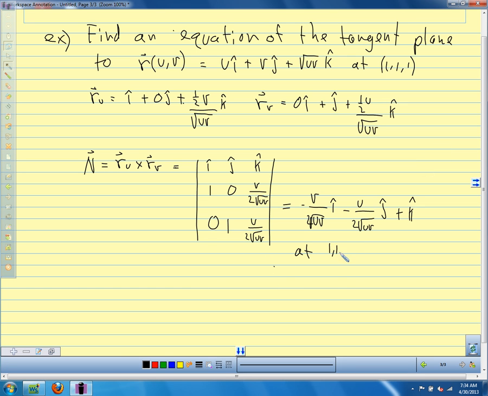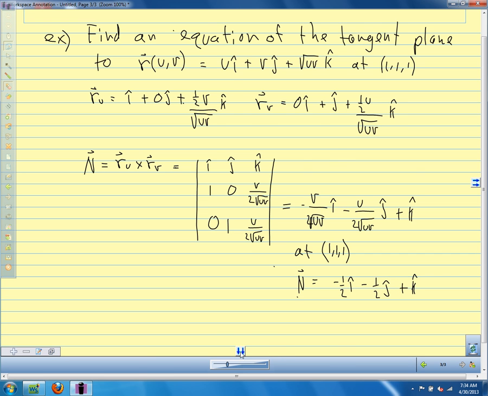At our point that we're interested in, we plug in 1, 1, 1. We get our normal vector is minus 1/2 i hat minus 1/2 j hat plus k hat. So this gives us our direction numbers for our equation of our plane. A is negative 1/2, B is negative 1/2, and C is 1.